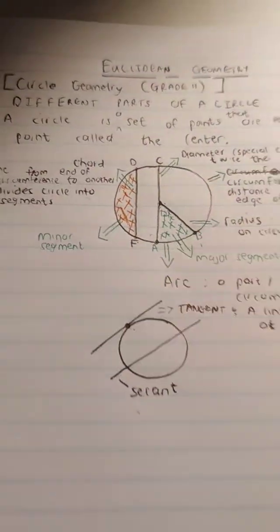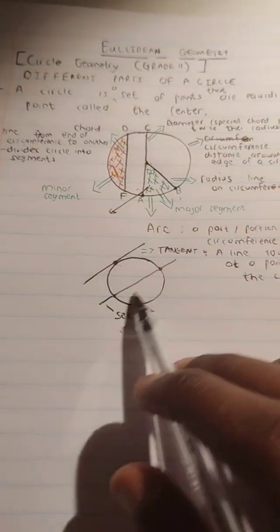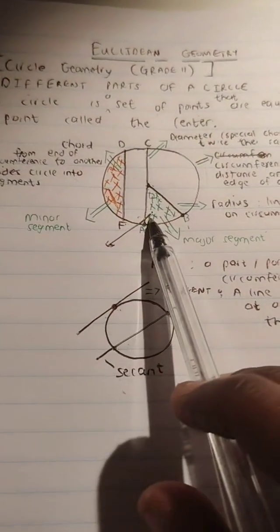What do we call a pizza slice? What do we call the pizza slice? Yes, Ontatile. A secant cuts the circumference of the circle at two points, and it extends beyond the circumference of the circle.